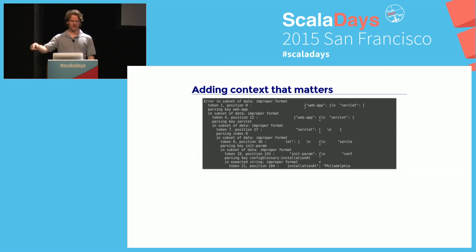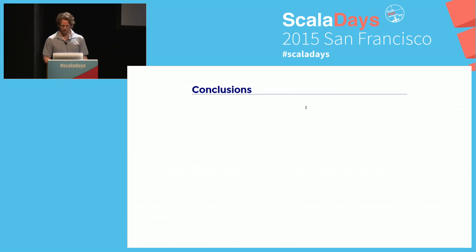As it unwinds from all of this recursion, it adds onto this chain of errors, and so you can find out exactly where and how things went wrong in the data. Okay, so that's pretty much what I've got. So conclusions: non-local error handling lets things be simple.